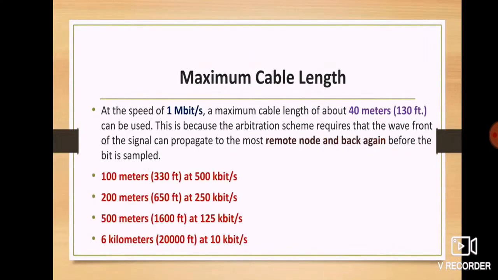And the final one is that the CAN cable length and the speed are related, because the arbitration scheme requires the wavefront of the signal to propagate to the remote node and come back for the computation of the arbitration process. That is how the length as well as the speed are related.